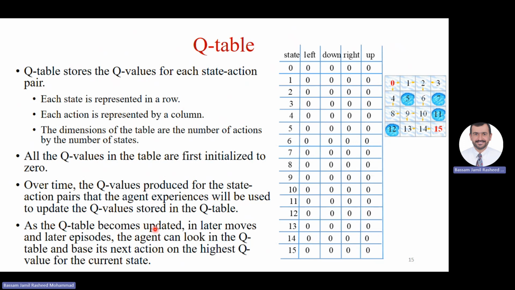As the Q table becomes updated in later moves and later episodes, the agent can look in the Q table and base its next action on the highest Q value. So for example, once I'm done training, I can go to state 9 and see which of those action values is highest and pick my action.